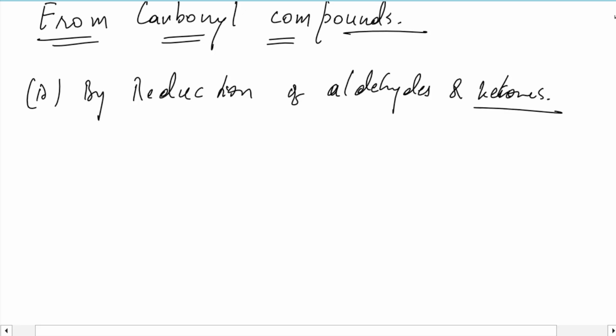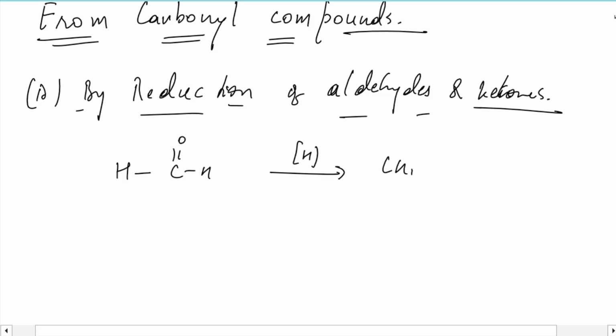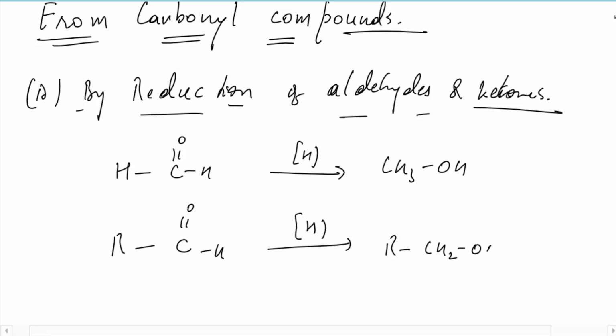So what will they yield on reduction? Aldehydes on reduction will yield primary alcohol, and ketones on reduction will yield secondary alcohols. This is HCHO, RCHO will give RCH2OH.